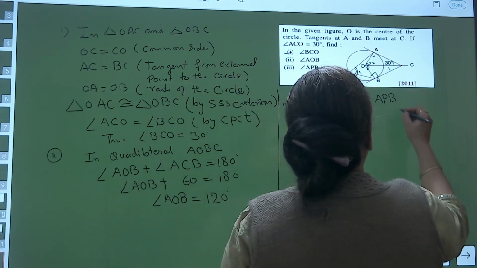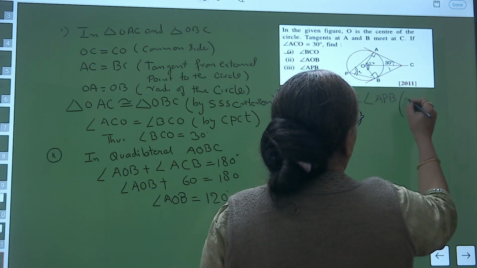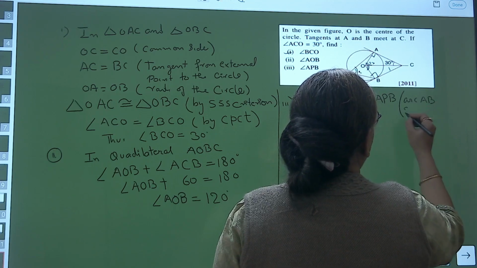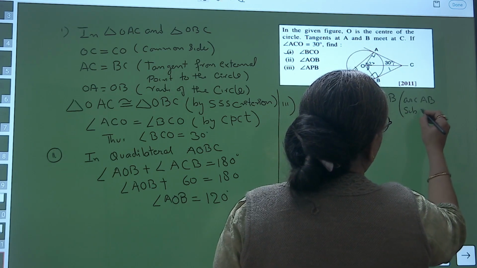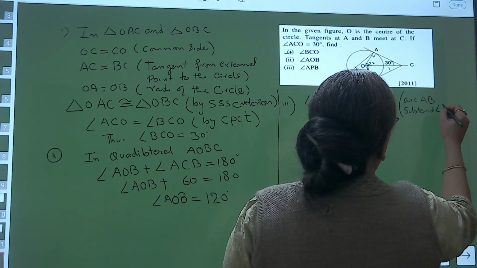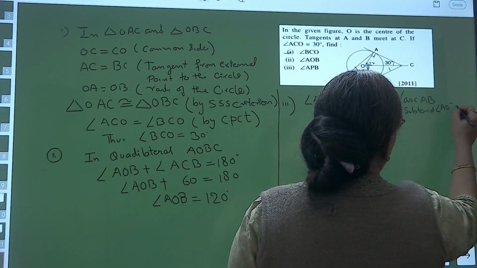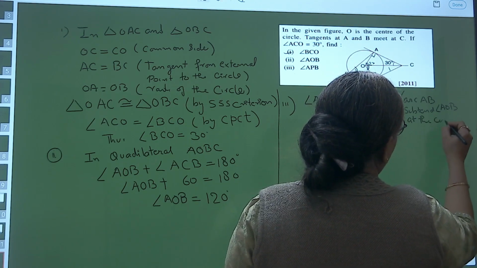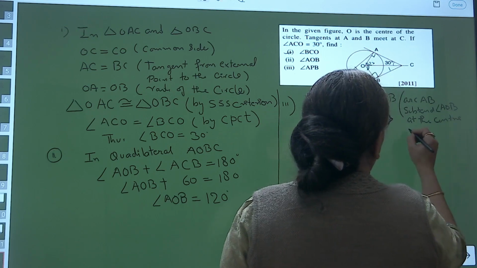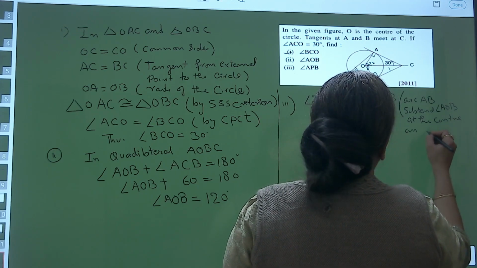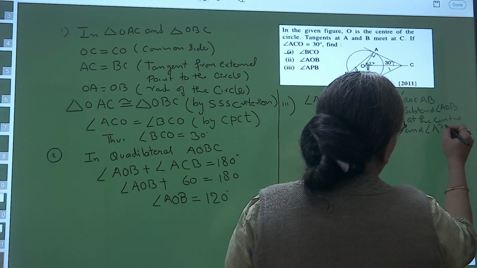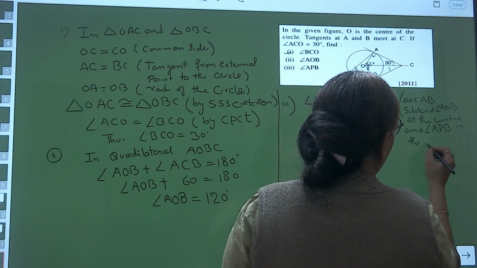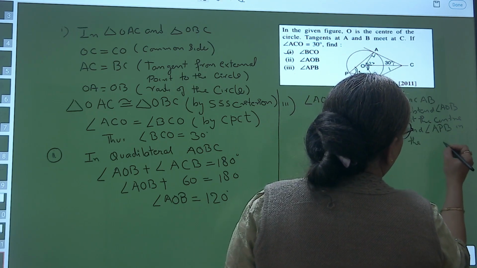You can write the reason: arc AB subtends angle AOB at the center and angle APB in the remaining part of the circle.